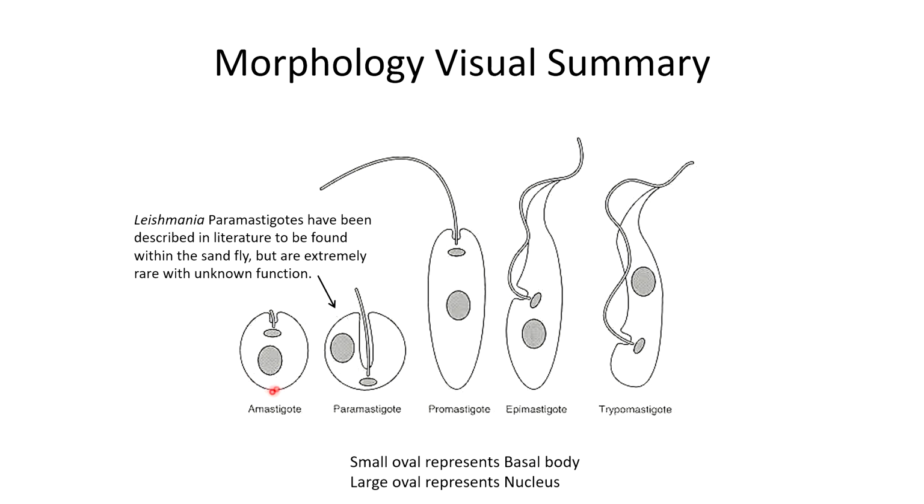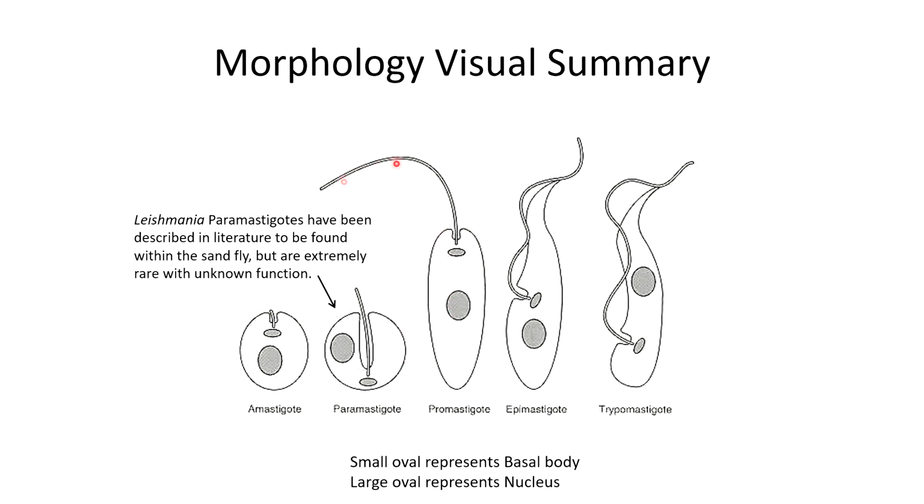There's also such a thing as Leishmania paramastigotes, but they're extremely rare and have only been described briefly in the literature, and their function is unknown, so we're not going to focus on them, because there aren't really any pictures of them in clinical specimens anyway.